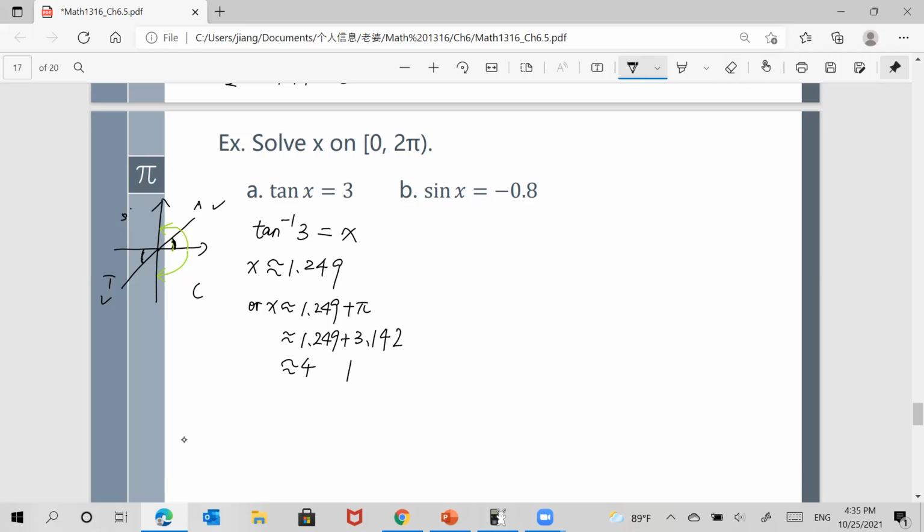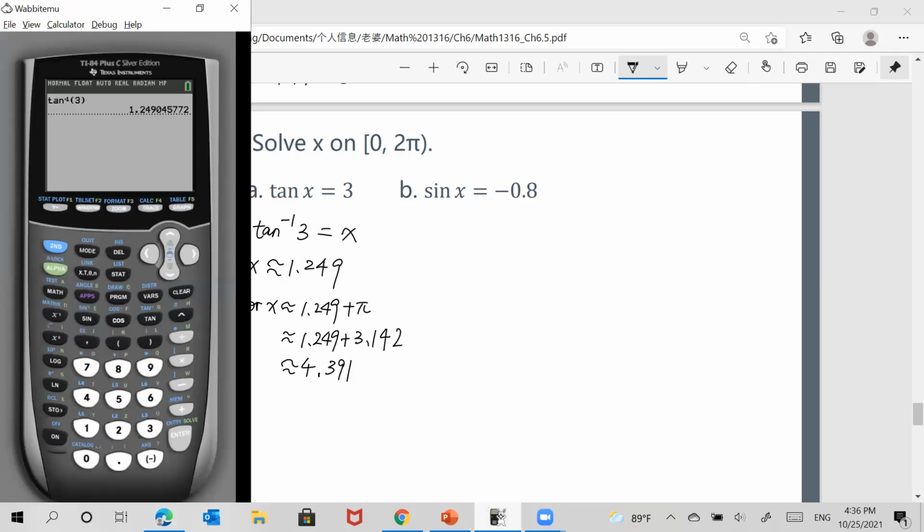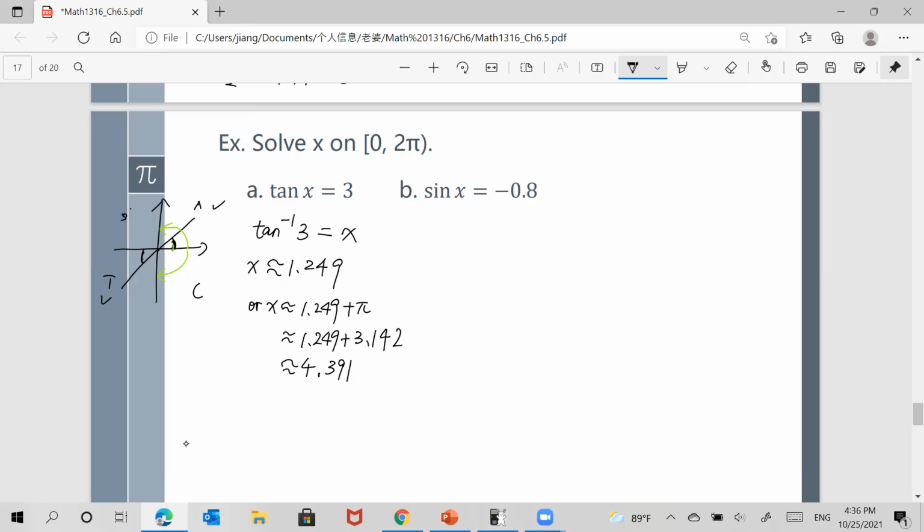Let me use my calculator. This number plus 3.142 is 4.391. So these are two solutions. I can list them like this: 1.249, and another one is 4.391, if I keep 3 decimals.